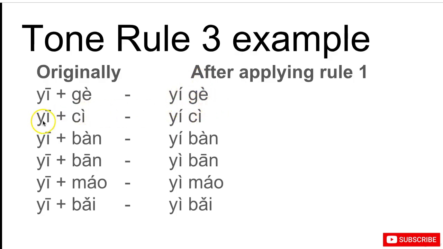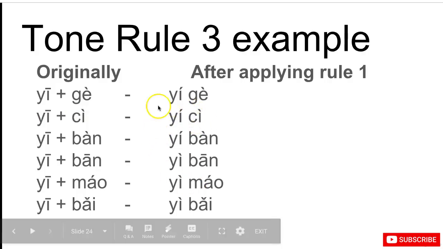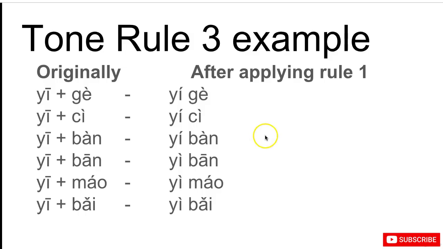So this one changes to yi zi, yi zi. Remember I told you that whenever you see C in this course, just know that it is pronounced as TS, zi. And then that's it, yi zi. This one becomes yi ban.